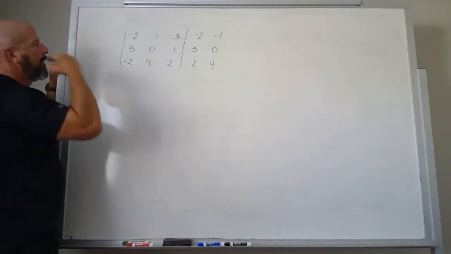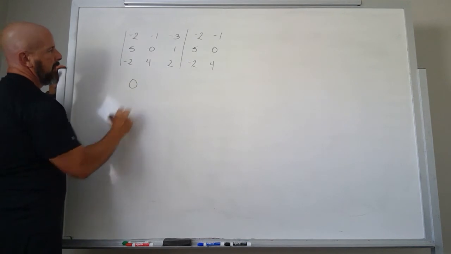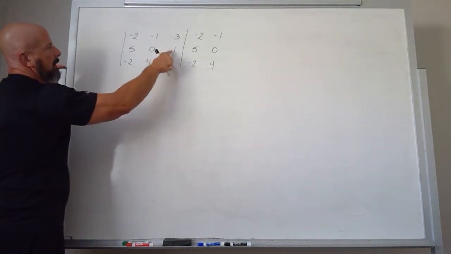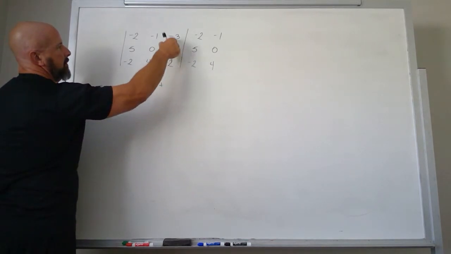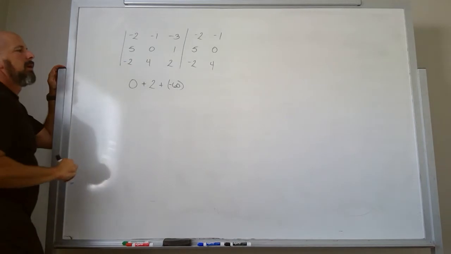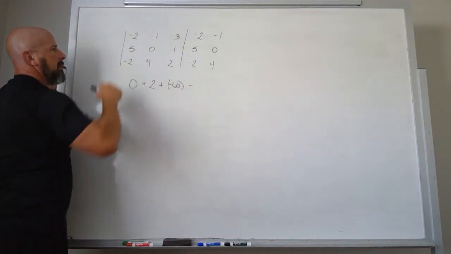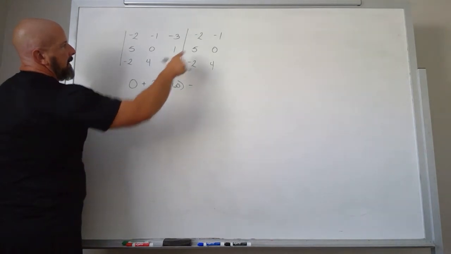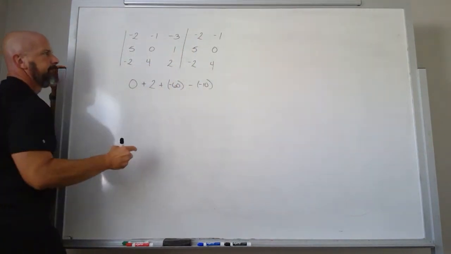So that would be 0. So I have a 0 there, plus 2, plus, let's see, that's 20 plus negative 60. Now we have minus, coming back for 3. Minus negative 10, multiply those 3.